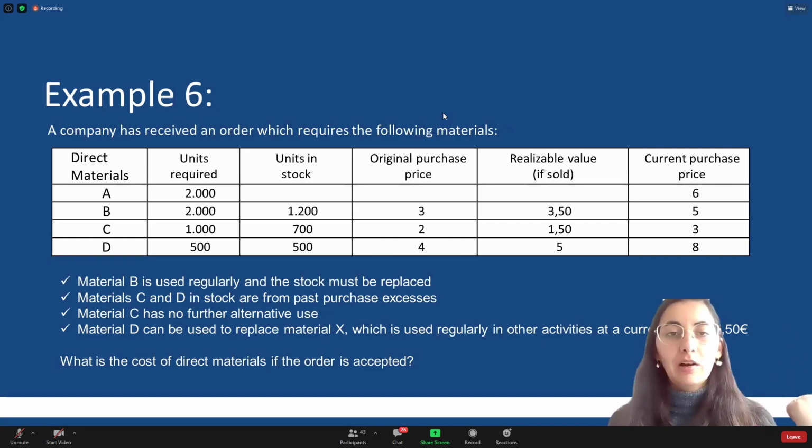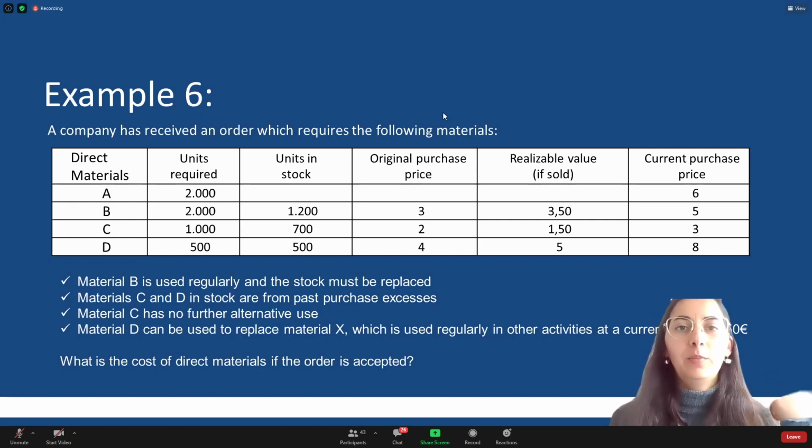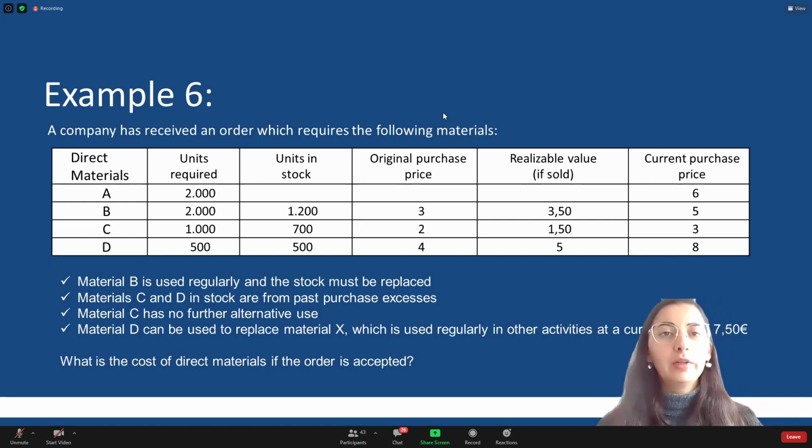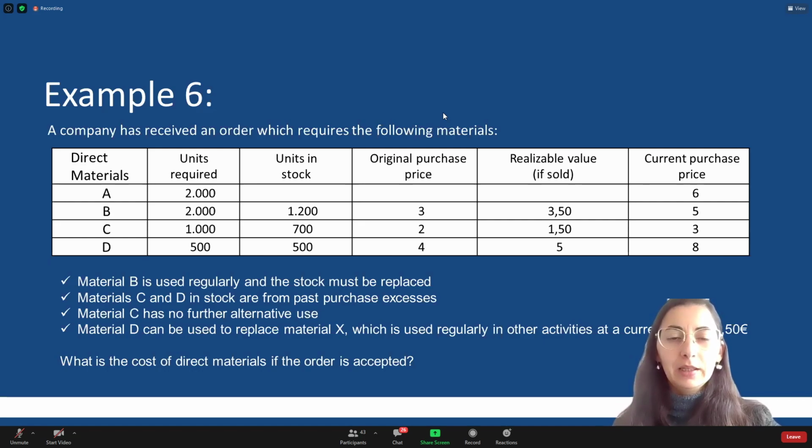So because it's a cost that we incurred in the past, it is irrelevant. So on these kinds of exercises, we have the original purchasing price just to bring confusion, because it's irrelevant. We only want to look at the future. So in terms of the decision making, the original purchasing price is irrelevant.